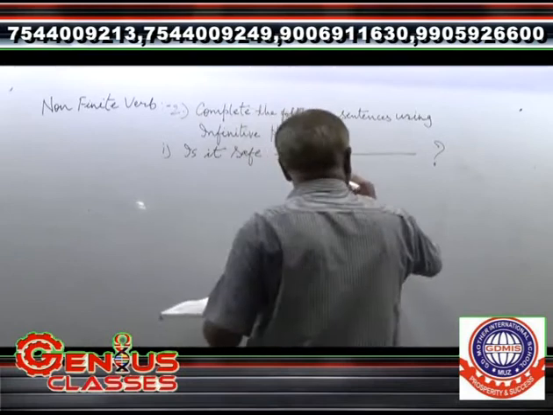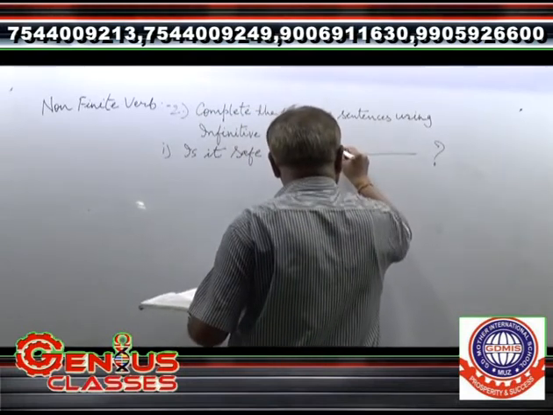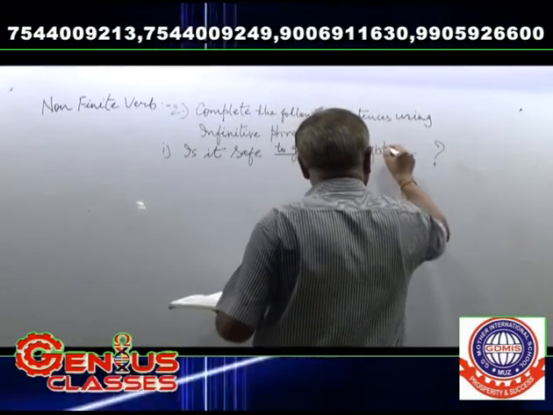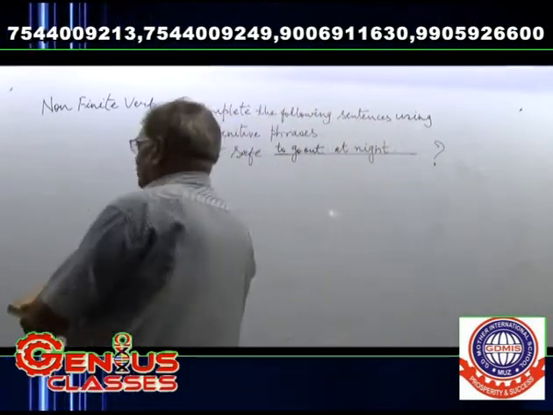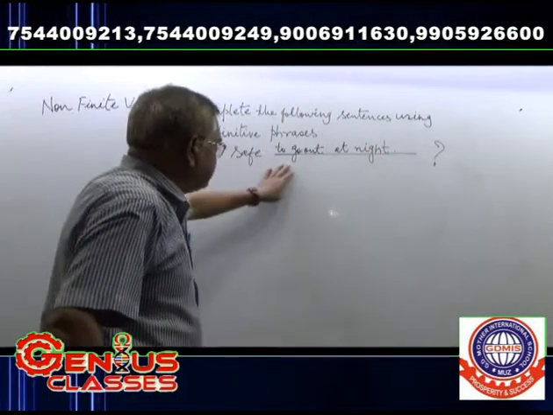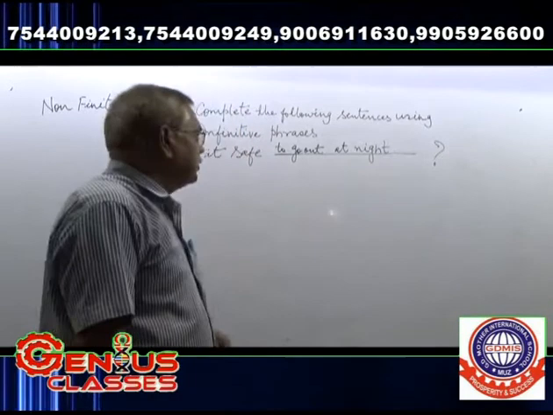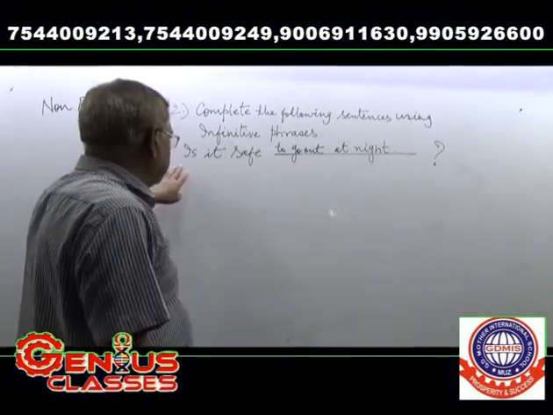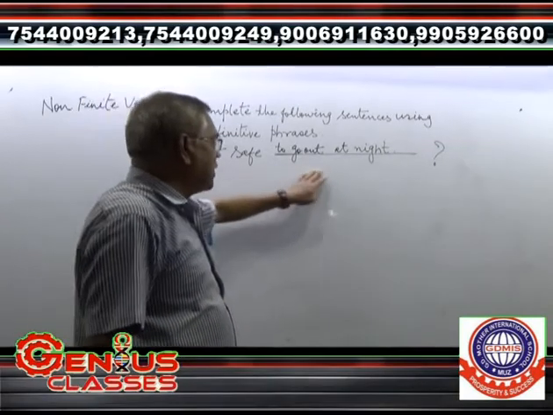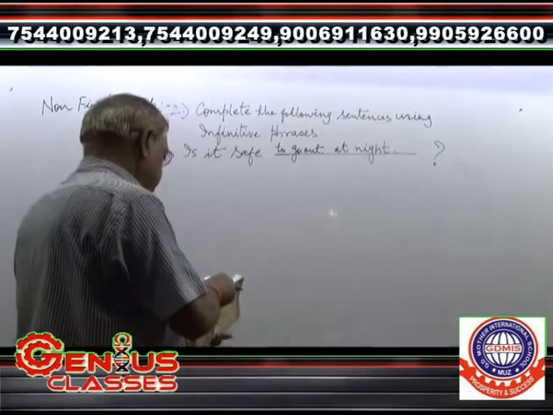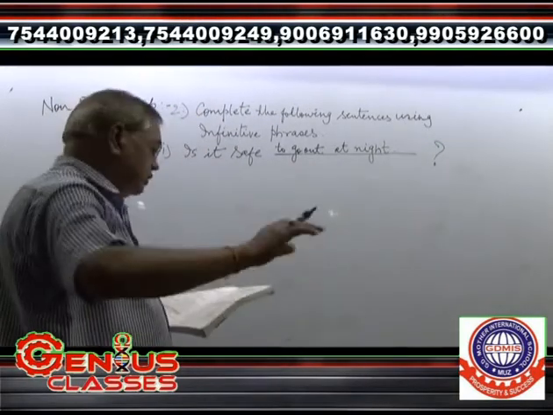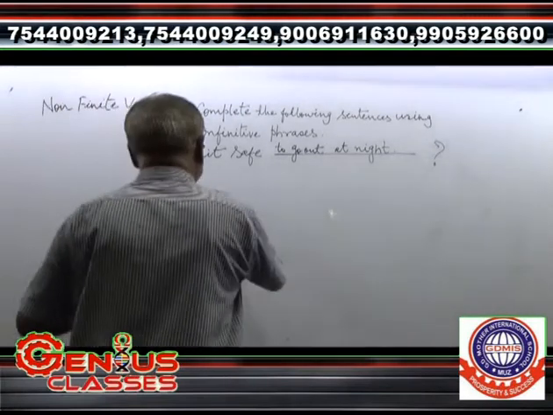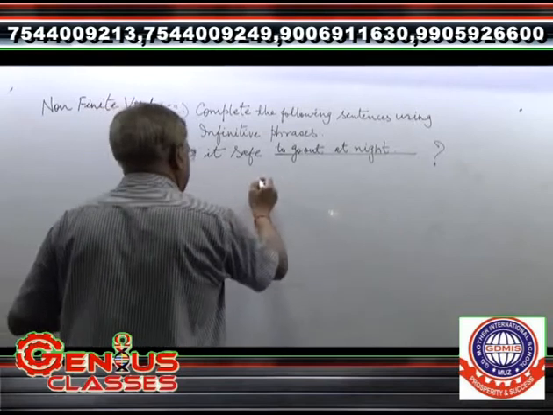Go out at night. So you yourself have to fill up here the group of words by using the infinitive. That is, is it safe to go out at night? Or the for also should be given, like another example.